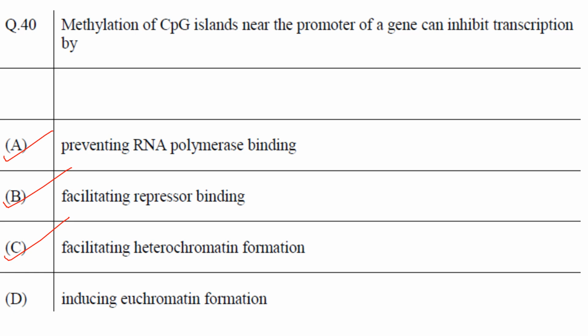It can lead to more compact and condensed chromosome, that is heterochromatin formation. Because of this heterochromatin formation, it will be inaccessible to transcription factors and RNA polymerase. So A, B, C is the answer. Inducing euchromatin formation. It is not euchromatin, it is heterochromatin.